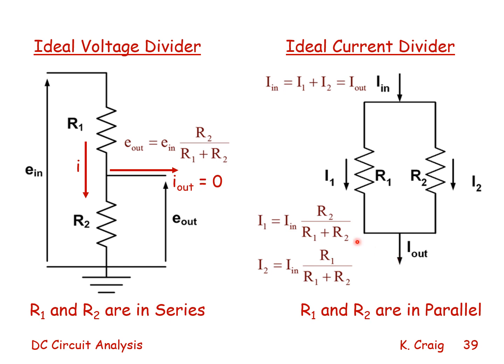Here, the rule for I1 is that I1 equals I in times R2 over the sum of R1 plus R2. And I2 is equal to I in times R1 over the sum of R1 plus R2. And again, the resistances can be replaced by impedances.